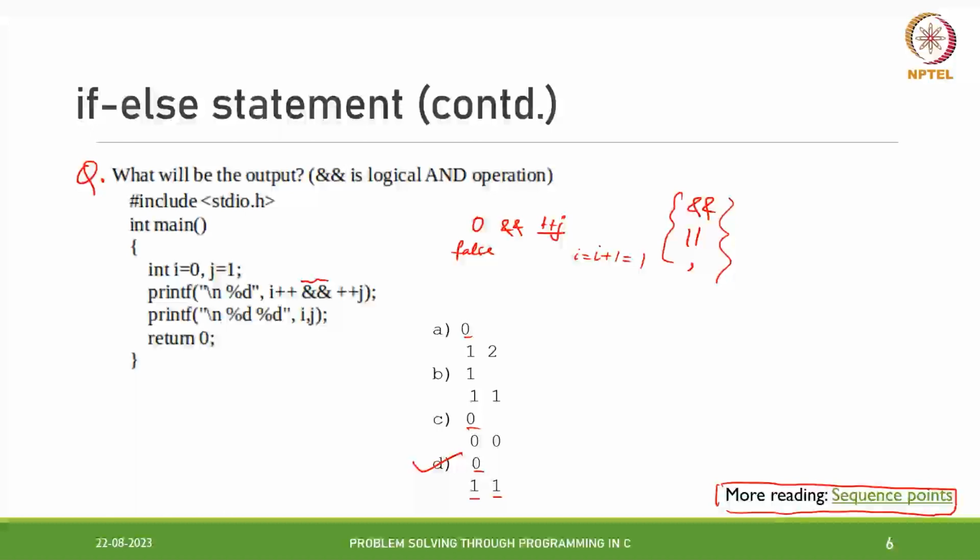Now if the first conditional is false, the second conditional won't be evaluated, and then you have i's value incremented by 1. So i will become 1, but the second condition is not evaluated, so j will still remain at 1, and you have 0 and 1 1 being printed. Does that make sense to you? Yeah.